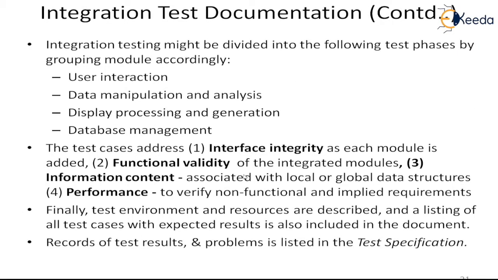And finally, when you conduct the tests, the test results will be generated. These test results will be recorded, and the problems that have come out, specifically the problems, also have to be listed, and that finally will become part of the test specification.